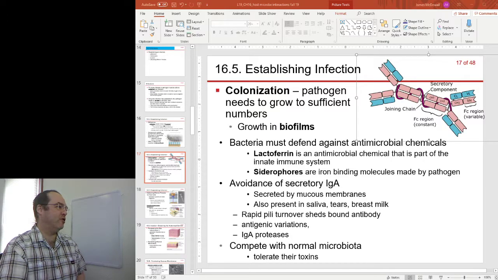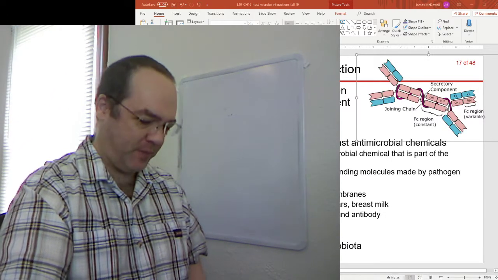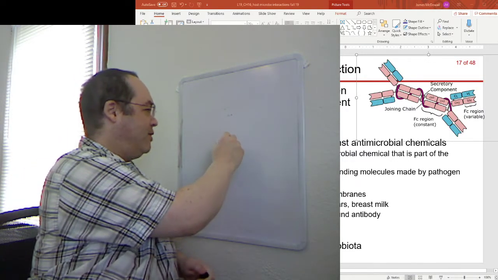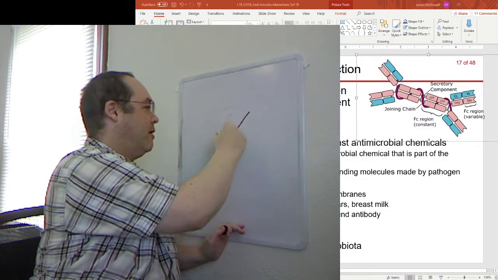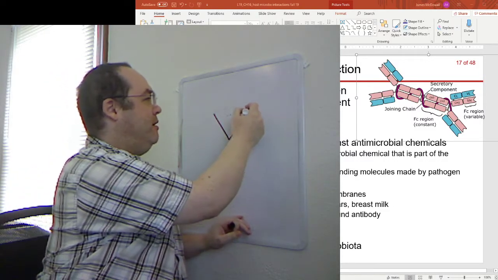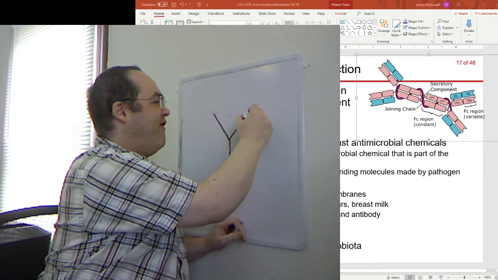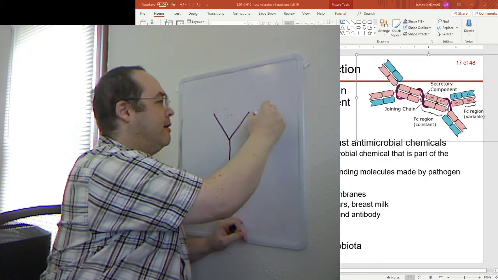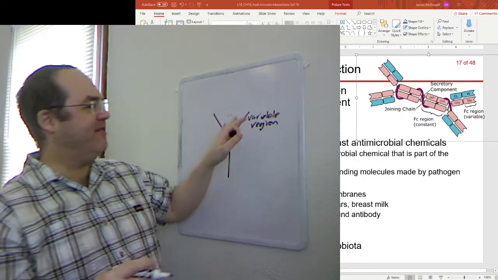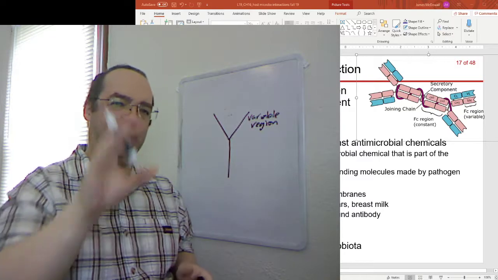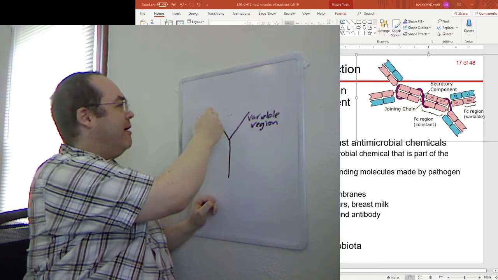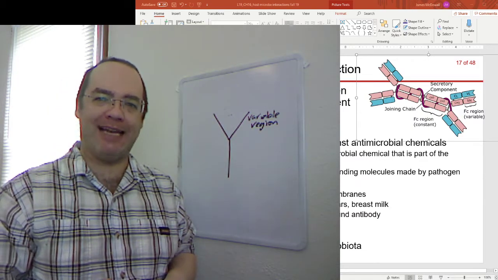So let's just quickly recall the structure of antibodies. They have this Y-like shape, and at the tips of the Y we have our variable regions. The variable region of our antibody can change its shape, and this is where it'll bind to the antigen.